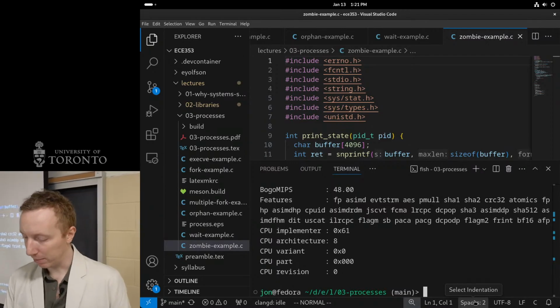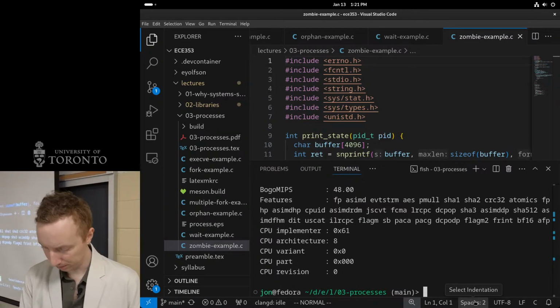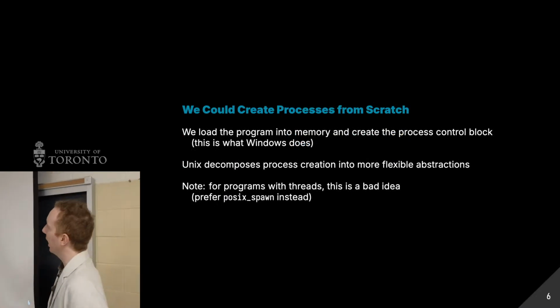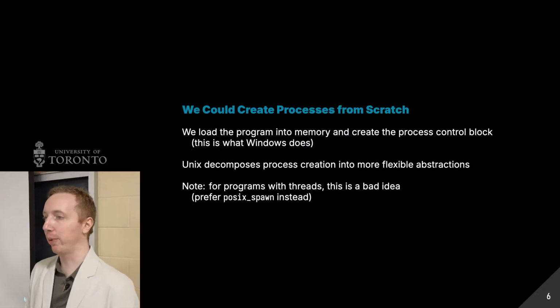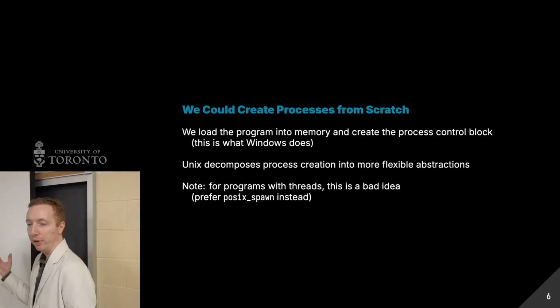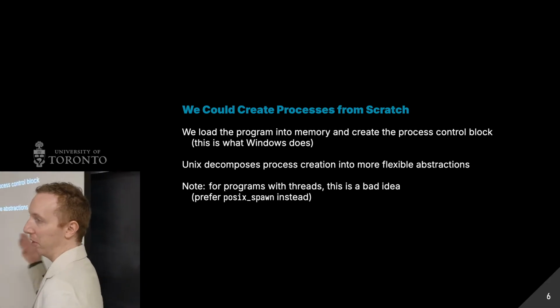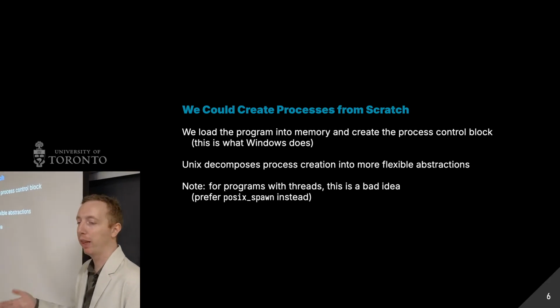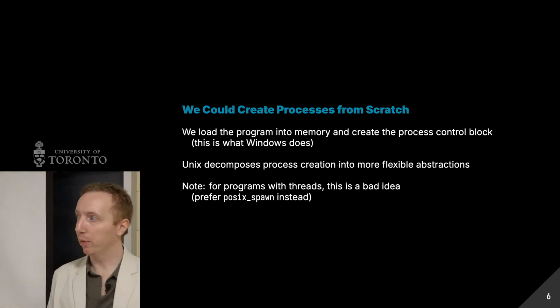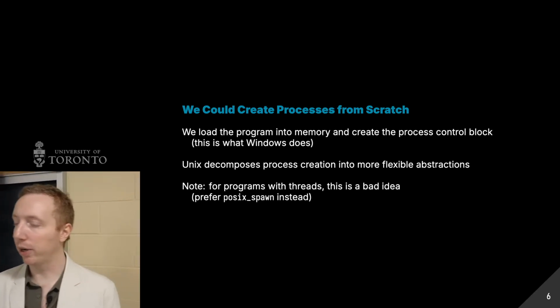All right, so that is our whirlwind tour of the proc file system and a little review of what you'll be doing for Lab 1, writing a process manager. So how do you actually create processes? I could create them from scratch, load a program into memory, create that process control block. That's what Windows does, all in one shot.